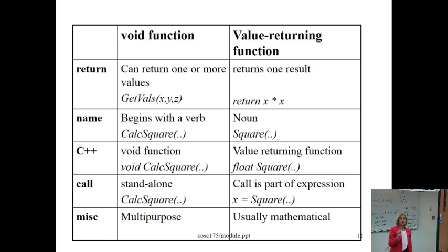All right, now before we move on from value returning, not all value returning functions are mathematical. I want you to try to write the following function: is positive. It has one argument.